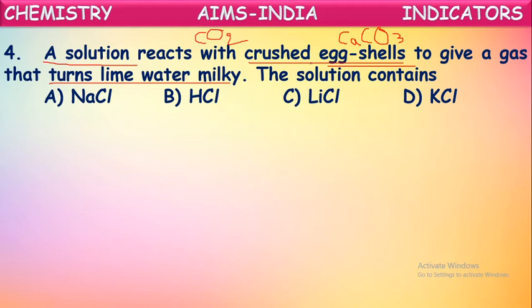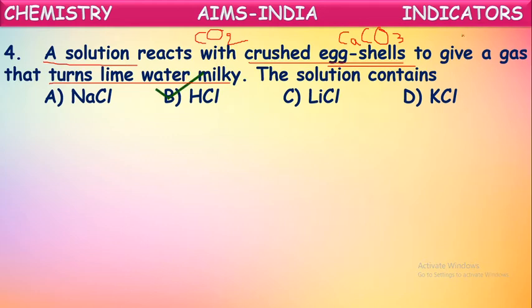Okay, so the solution taken is an acidic solution. Observe the options given, which is an acid. Sodium chloride, lithium chloride and potassium chloride are salts, whereas HCl is an acid.